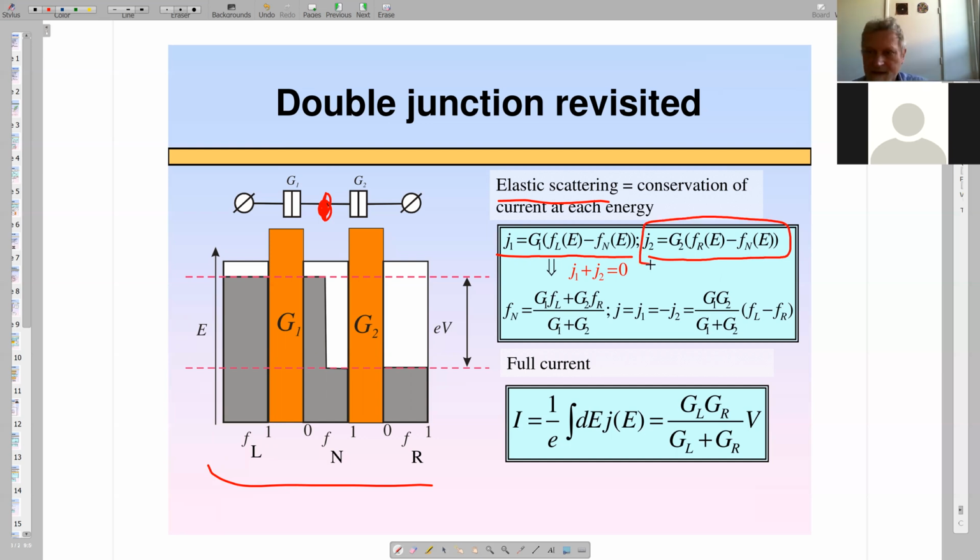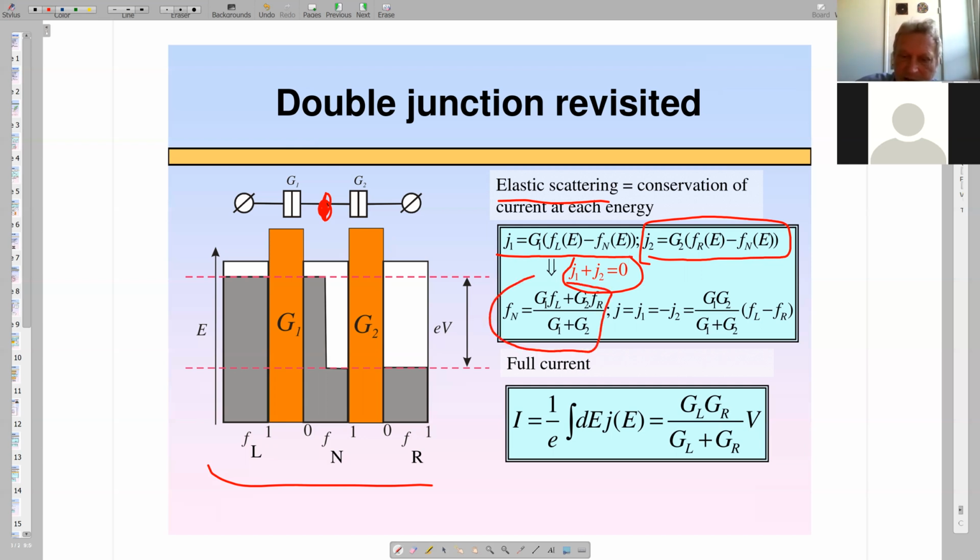Again, I see a difference of filling factors. So it's very similar to what I do when I would compute the voltage. Instead of differences of voltages, I have here the differences of filling factors at each energy. Okay, now I utilize the conservation law. The sum of these two currents must be zero.